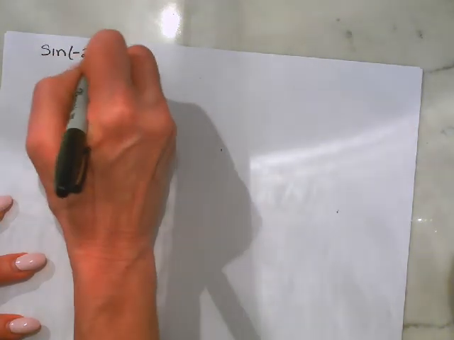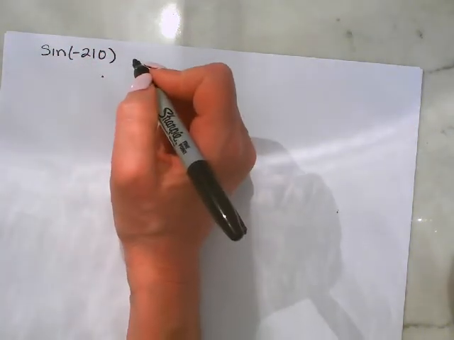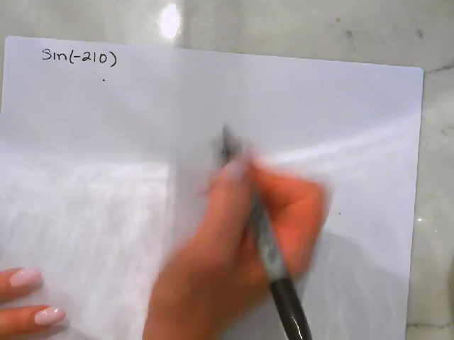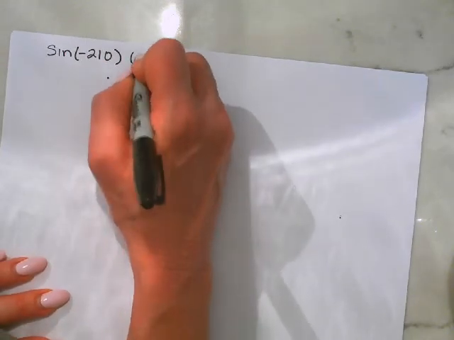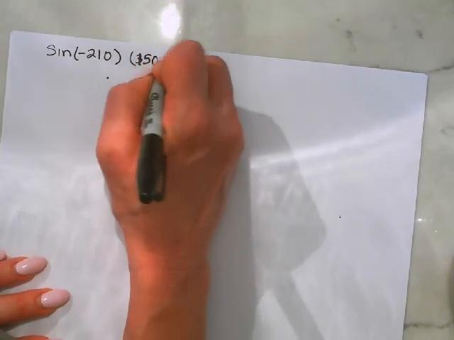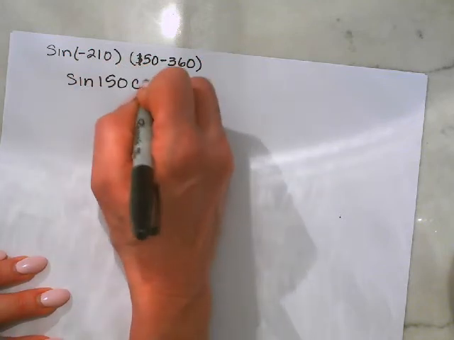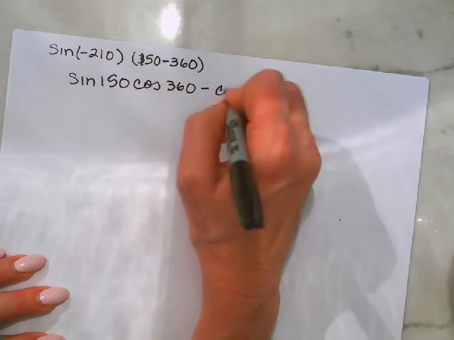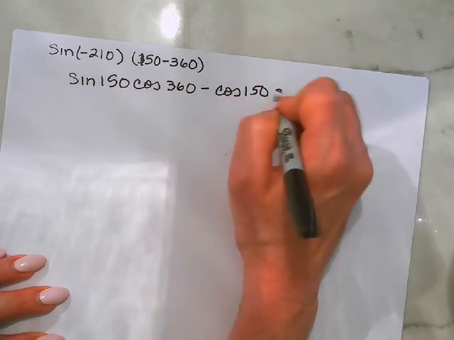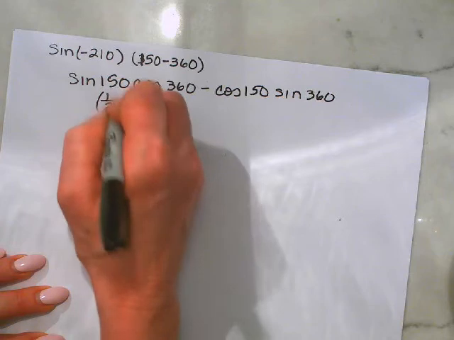So the next one was the sine of negative 210. Were you able to make the negative angle? The sine of negative 210, what I used, and again, there are a lot of different ones, is I didn't do 360. I did 150 minus 360. So the sine of 150 cosine 360, minus cosine 150 sine 360.